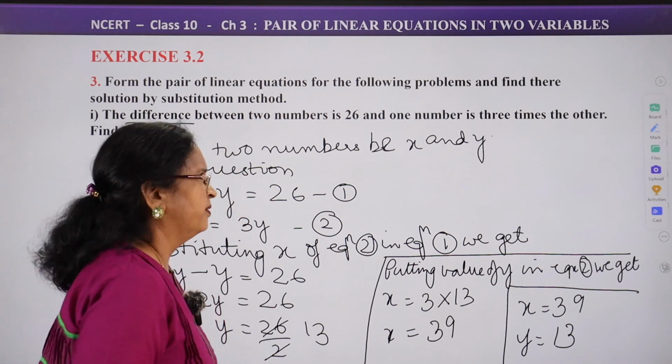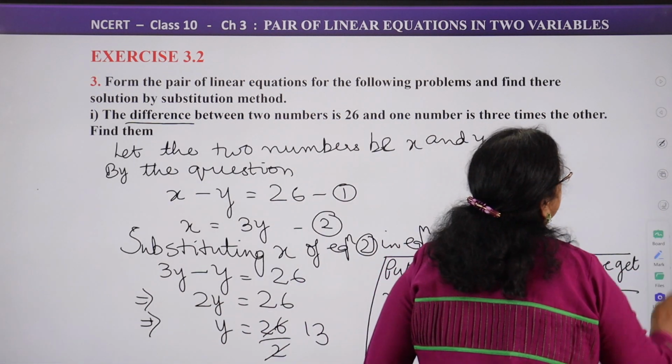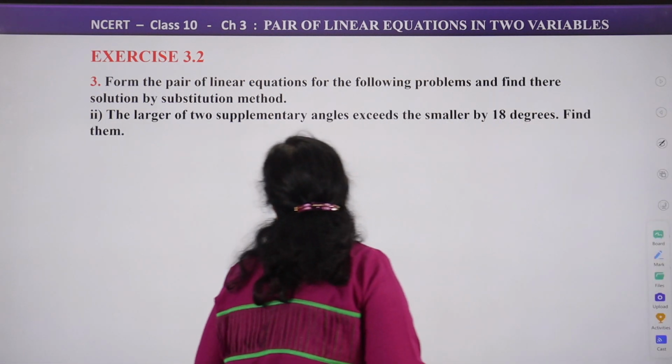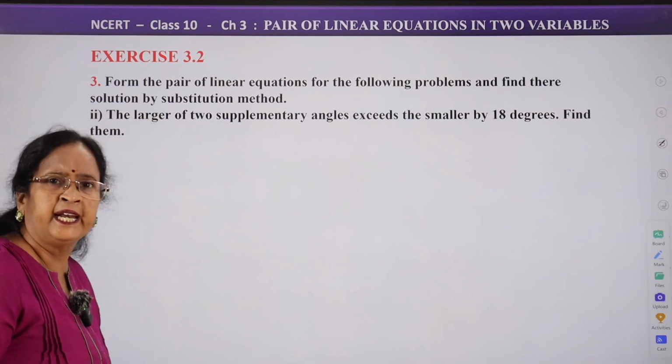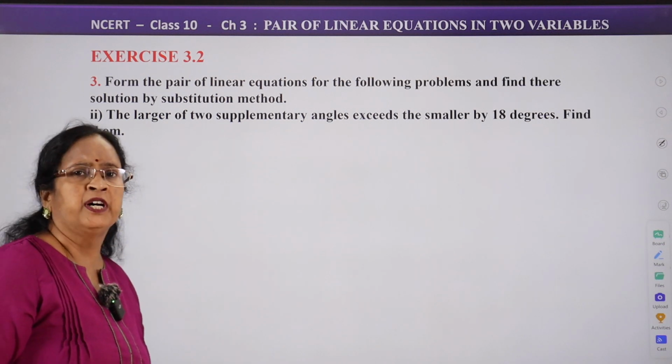Done? Now coming to the next question. Again, it's a statement. We need to form the equations first.